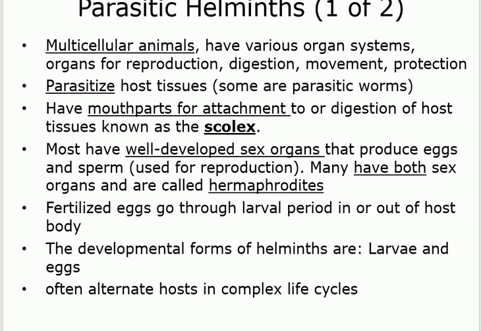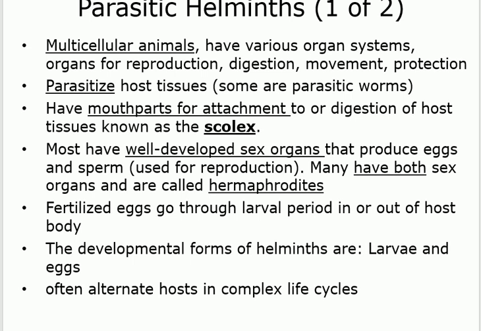What's a scolex? A mouth part for attachment. You have a mouth with something that looks like teeth, okay? They go to the intestine and attach themselves, and that's why they don't leave. They are using the scolex.